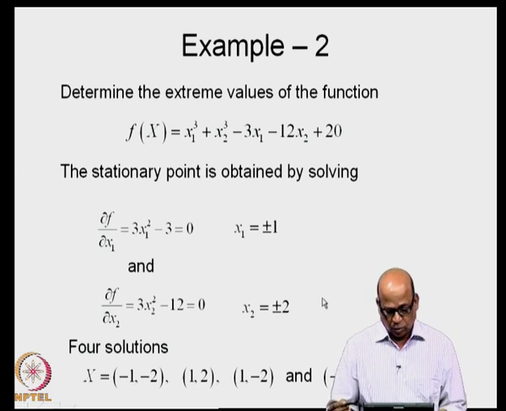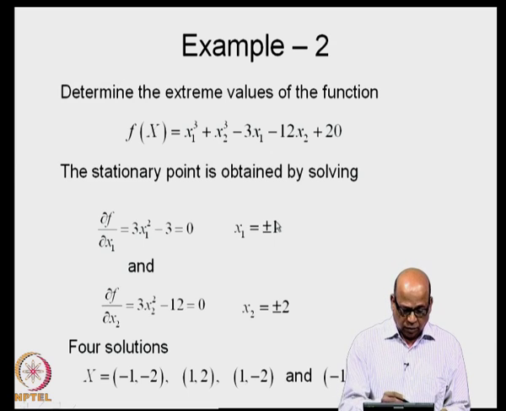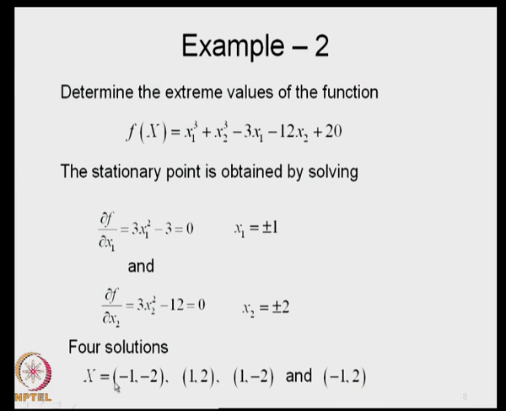So, you get x2 is equal to plus or minus 2, and therefore, you get 4 solutions. X is (-1, -2), (+1, +2), (+1, -2), and (-1, +2). So, these are the 4 solutions that you get.